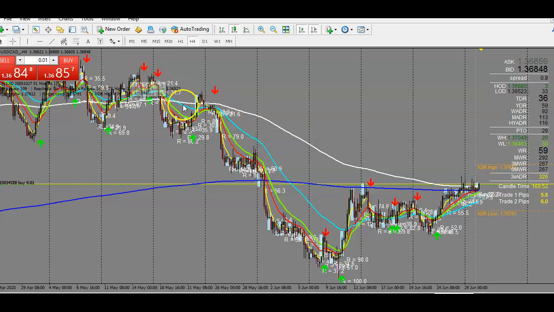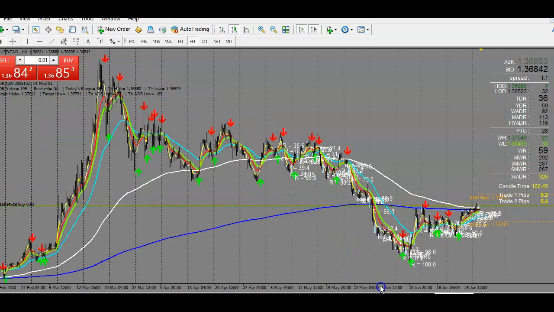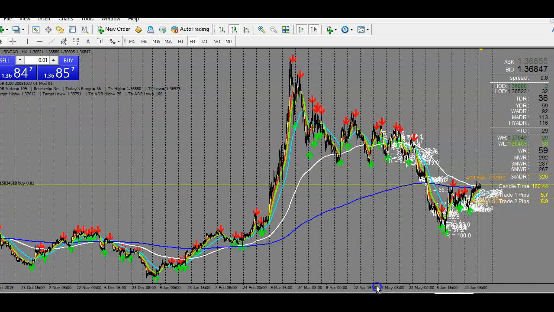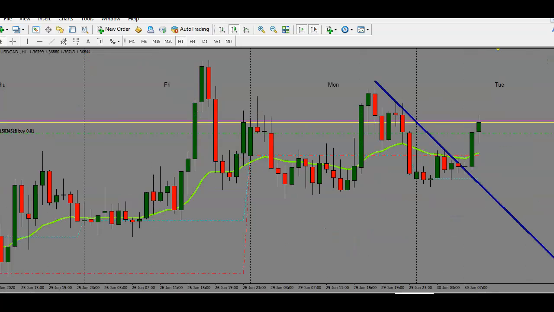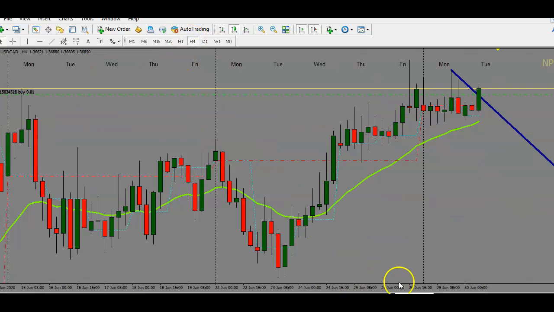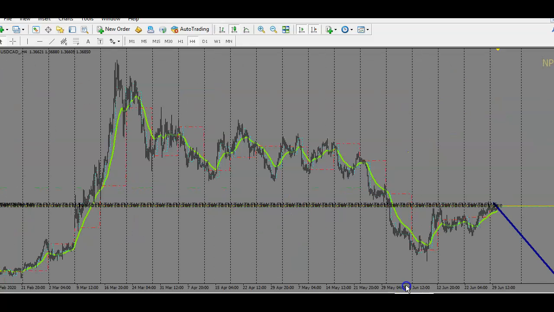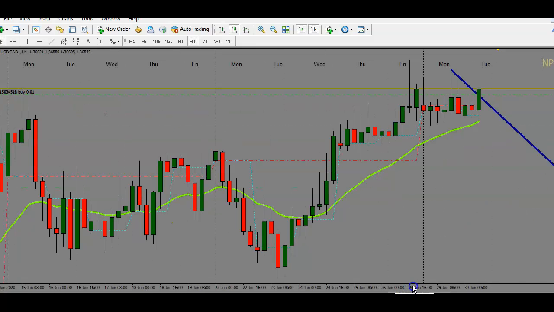Let's see. Because I just can't get over the fact that the dollar is just weak. 1, 2, 3, 4, 5. Yeah, so on a daily, I don't know, we'll just have to see, but keep that in mind.